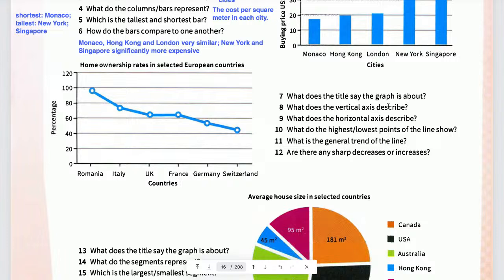And what does the title say the graph is about?